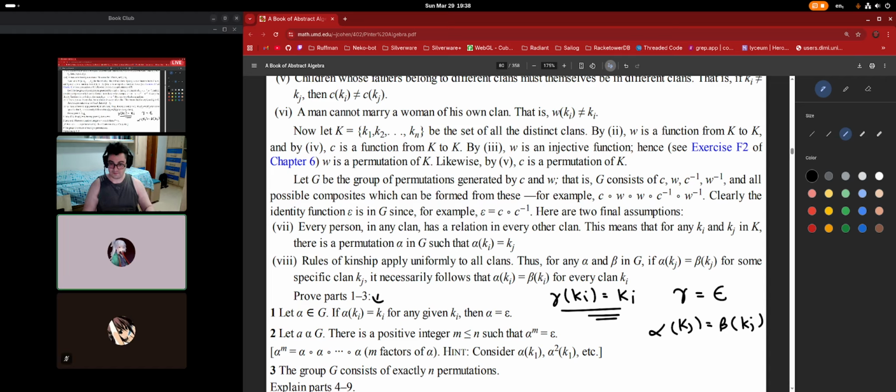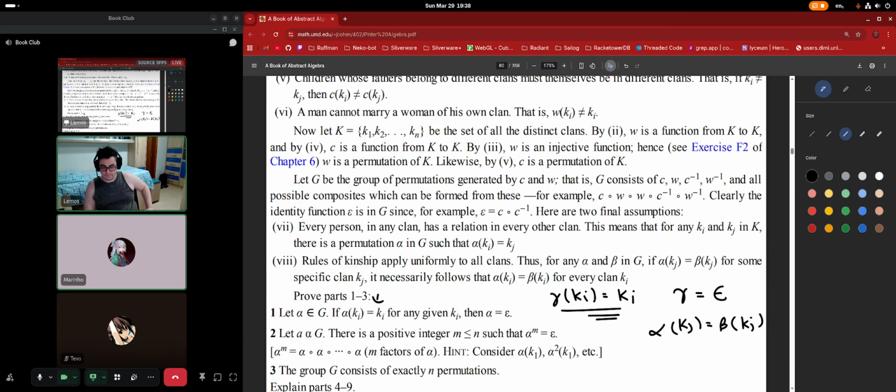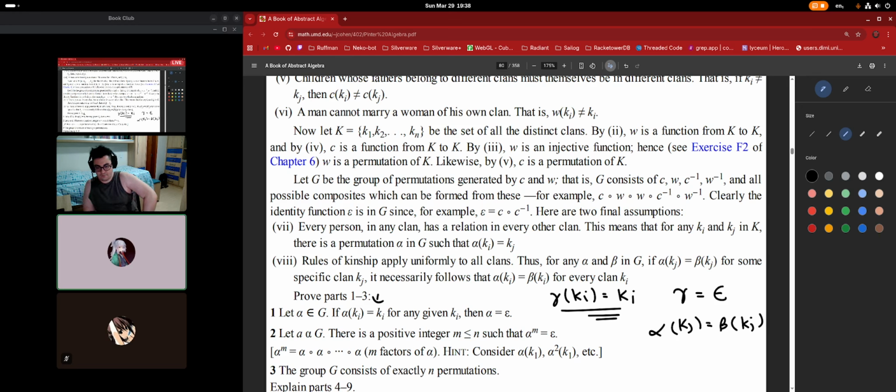I'm just using the 2 points, the assumption from exercise 1 and the rule 8, okay? The assumption from exercise 1 is alpha is identity at a particular ki. That's the assumption from 1.